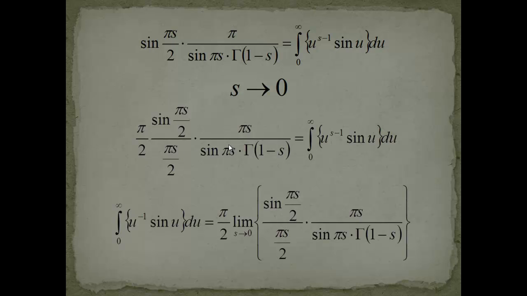And in order to evaluate that, we need another piece. Okay, so actually I'm doing here the limit s to 0. I will need another body. What you can actually do right now is you can take the limit of gamma 1 minus s, which will give you the gamma of 1.